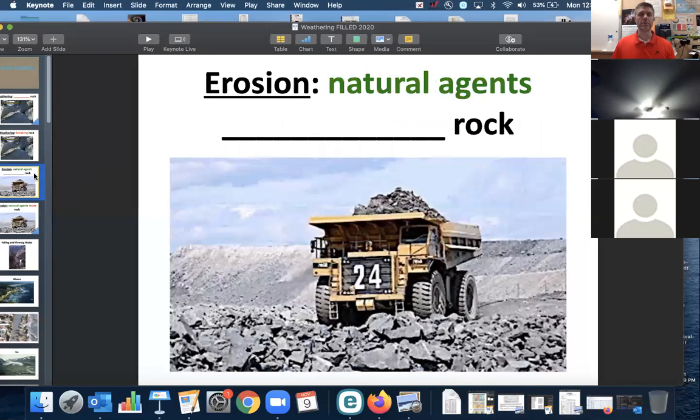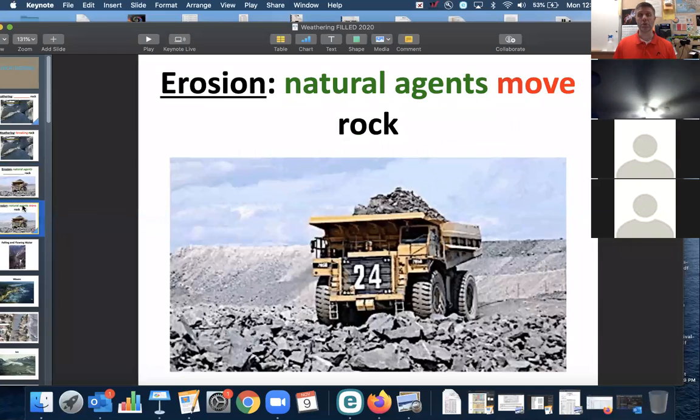Another term that's used in conjunction with weathering is erosion. So the movement of those rocks, or the movement of those pieces, the sediment, somewhere else. Kind of the key with this is the natural agent. So that's just another term for a natural force that moves that from one place to another. So this would not be an example of erosion, because this has a dump truck, and those are not natural.